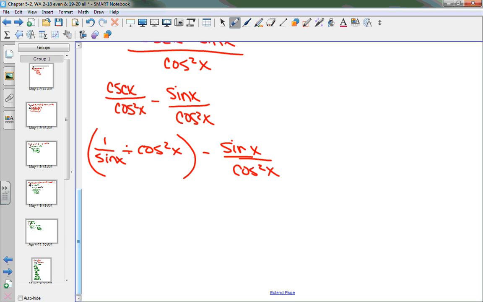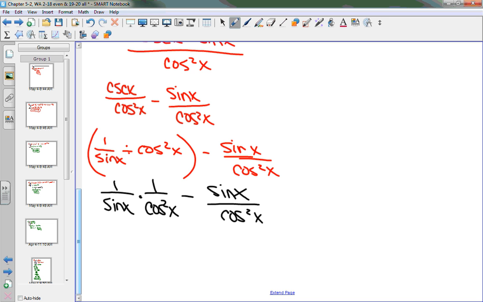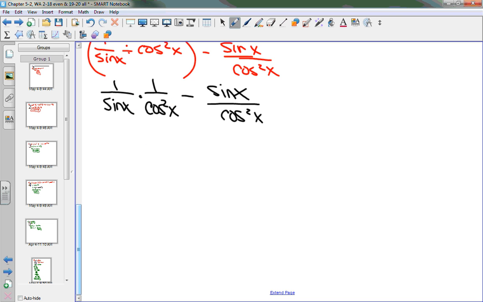When you divide, what are you actually doing? Multiplying by the reciprocal. So this is actually going to be 1 over sine of x times 1 over the cosine squared of x, minus sine of x over cosine squared of x. What do I do with those two fractions that are attached by multiplication?